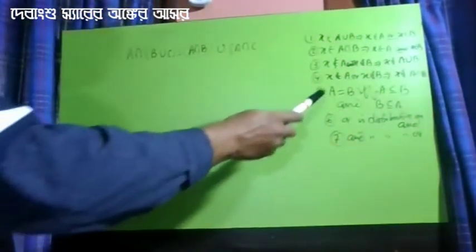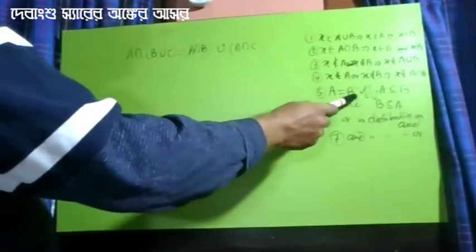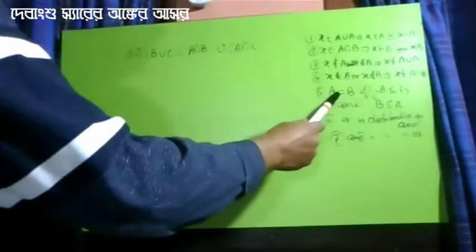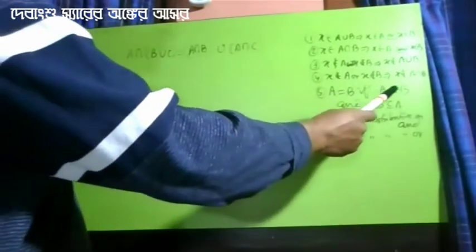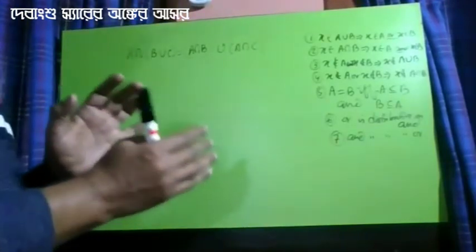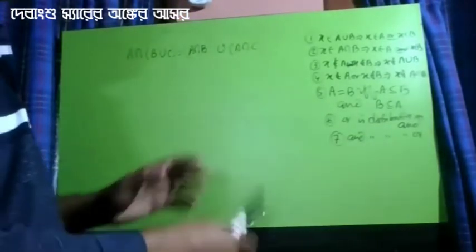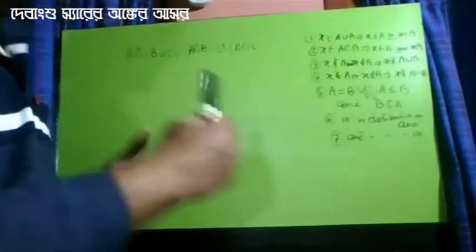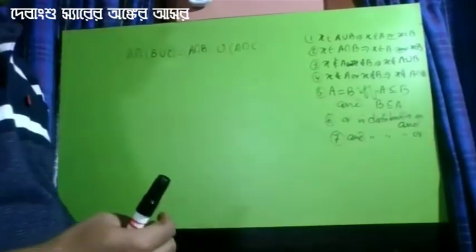Next, see, A equal to B: equality of two sets is defined as A is a subset of B and B is a subset of A. To prove that two sets A and B are equal, we have to show that A is a subset of B and B is a subset of A. How do we prove that?